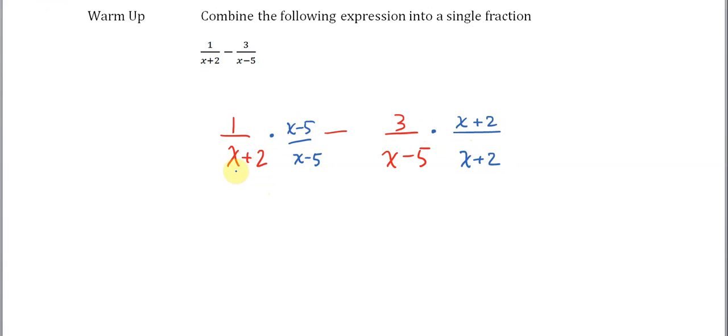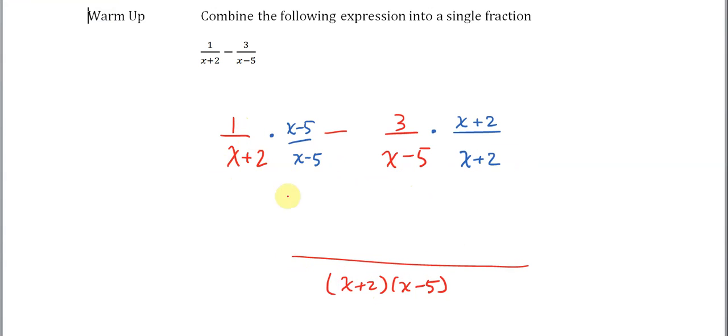And you can see that when we do that, we end up with the same denominator. Our denominator is going to be x plus 2 times x minus 5.